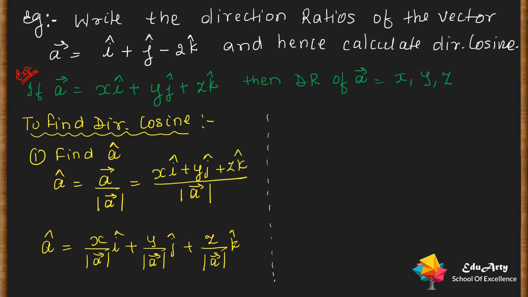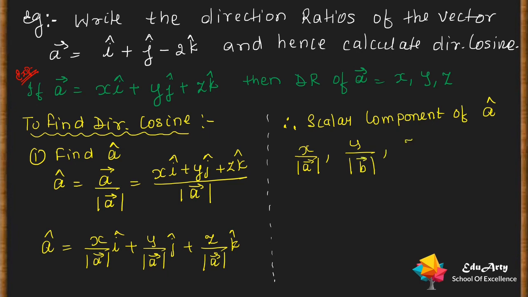Therefore, we can say that the scalar component of A cap, not A vector, sorry, the scalar component of A cap is equal to x by magnitude of A vector, then y by magnitude of A vector, and z by magnitude of A vector, correct? So these are the scalar components, correct?